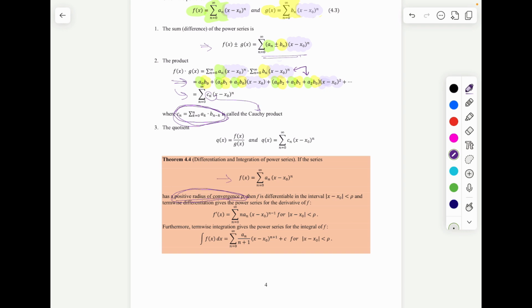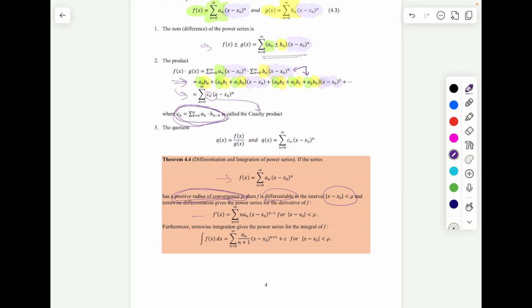Then this f, which is the series, is differentiable in the interval of absolute x minus x naught less than rho, which is the interval of convergence. And termwise differentiation gives the power series of the derivative of f.